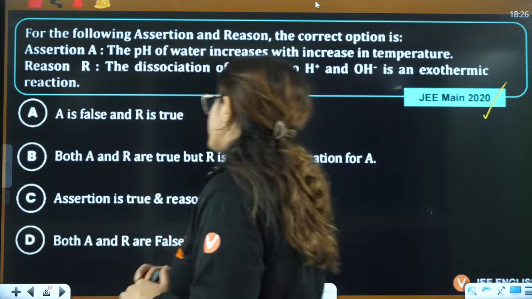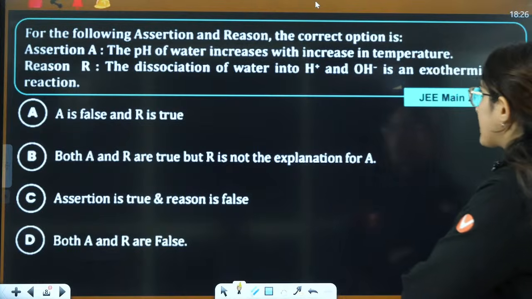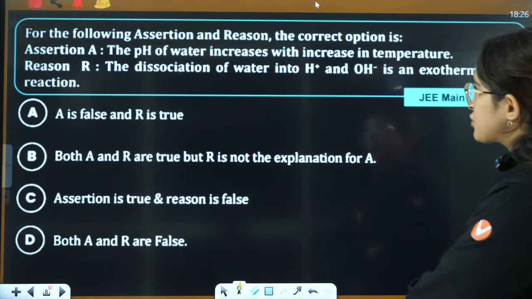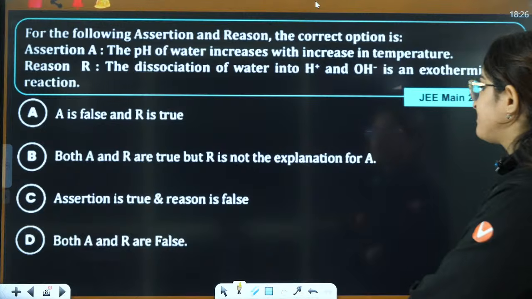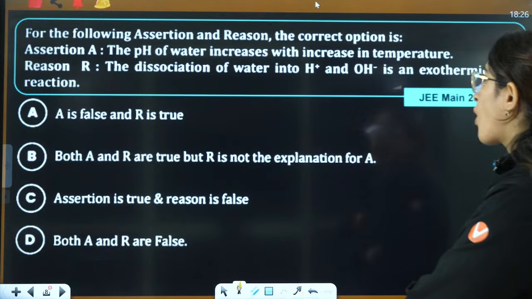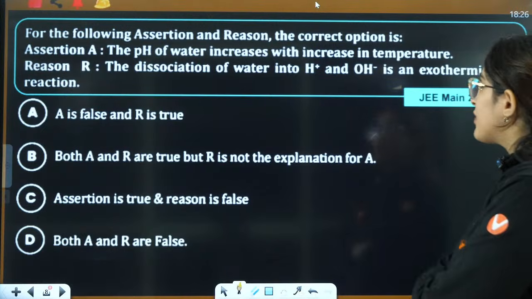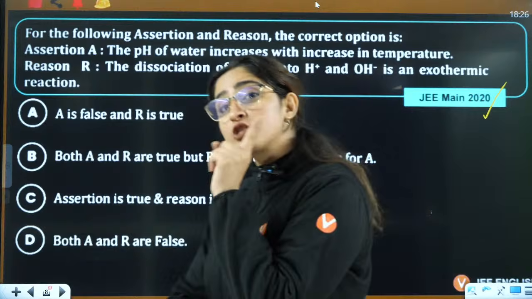Okay, Lokesh, done. For the pH of water increases with increase in temperature. The dissociation of water into H positive and OH negative is an exothermic reaction. See, first thing is, they are not talking about that ionic product situation that we did.